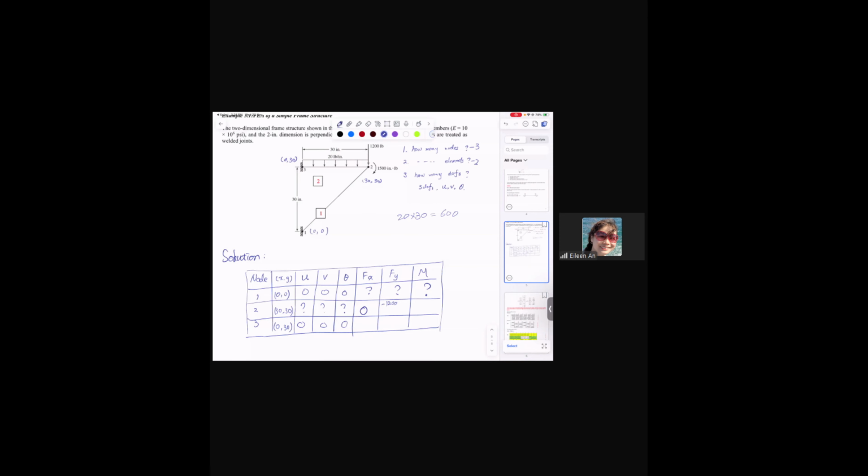So you cannot apply all the 600-pound force to node 2. We have another one here, right? So half of this load, so another minus 300 load. Is that all? Okay. How about the moment? It's usually negative.